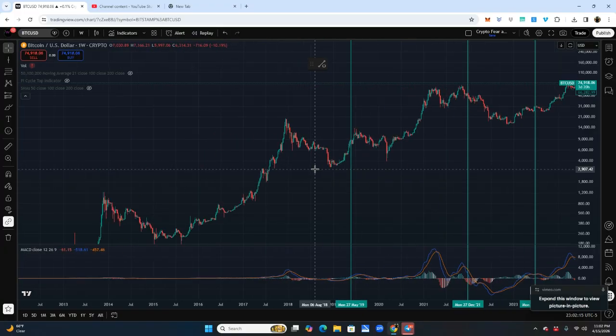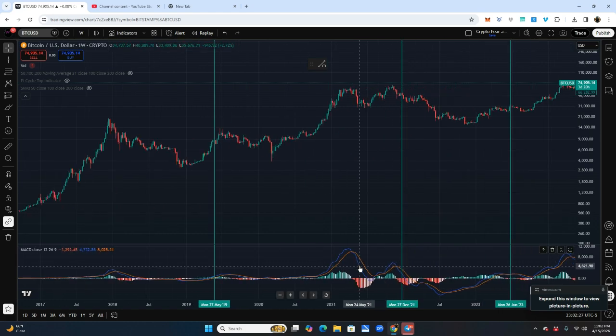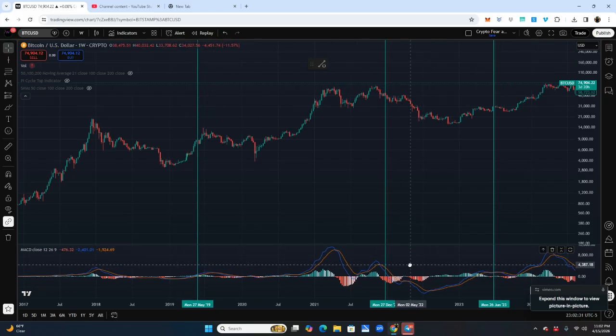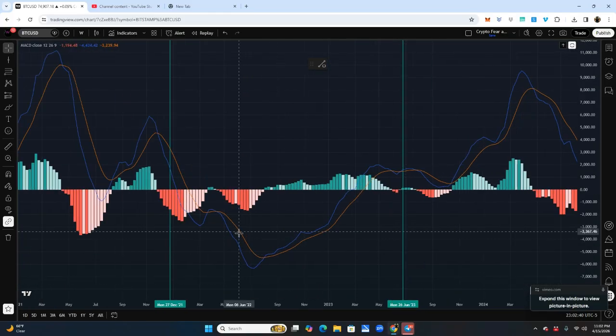I wouldn't just rely on the MACD. However, if you don't know much about charts, the MACD is a very, very helpful one to predict momentum. And depending on how far the lines are, the larger the momentum to the downside is. Okay, the longer the time frame, it's mostly going to go down, and price will probably fall a little bit faster. So if you can look, there's a large gap right here.